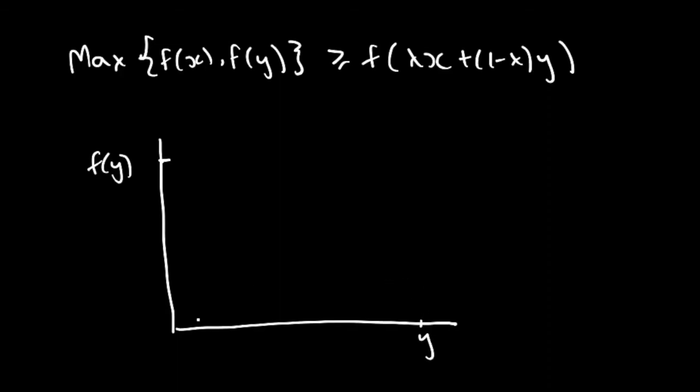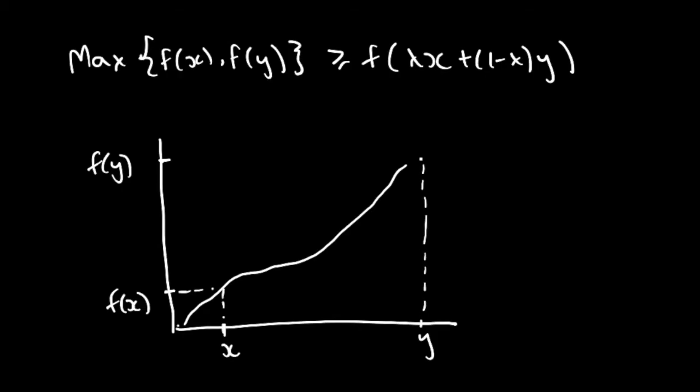And let's take a point x, and we haven't drawn any function yet, but let's say it correlates to some point on the y-axis through whatever function we're going to draw, and it correlates to this f of x, and our function looks something like this, something that you can consider as quasi-convex. So we have our 2 points: point x here, point y. There's f of x, and there's f of y.